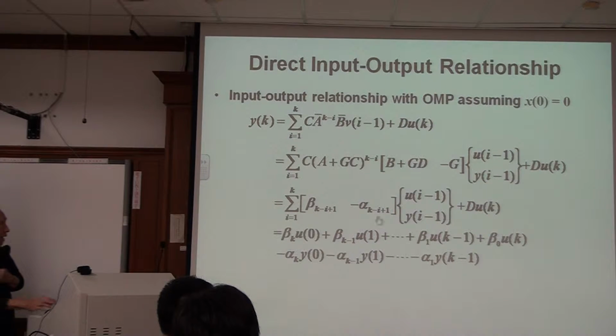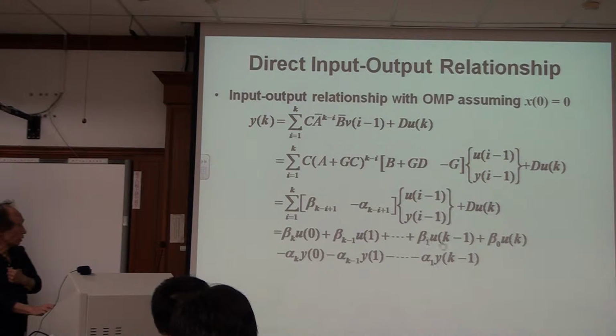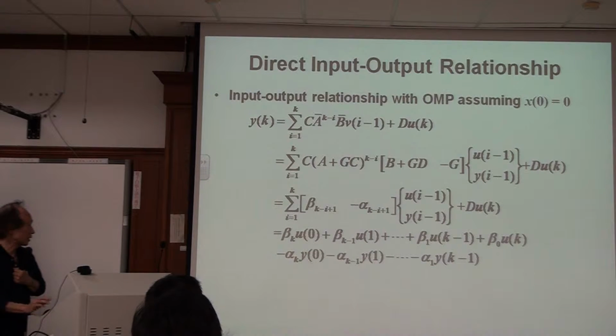So we define alpha k minus I plus 1 minus alpha k minus I plus 1. And if we expand it, then we'll be able to write in terms of these formulations. That's beta k u0 plus beta k minus 1 u1 plus and so on plus beta 1 uk minus 1 plus beta 0 uk minus alpha k y0 and so on.